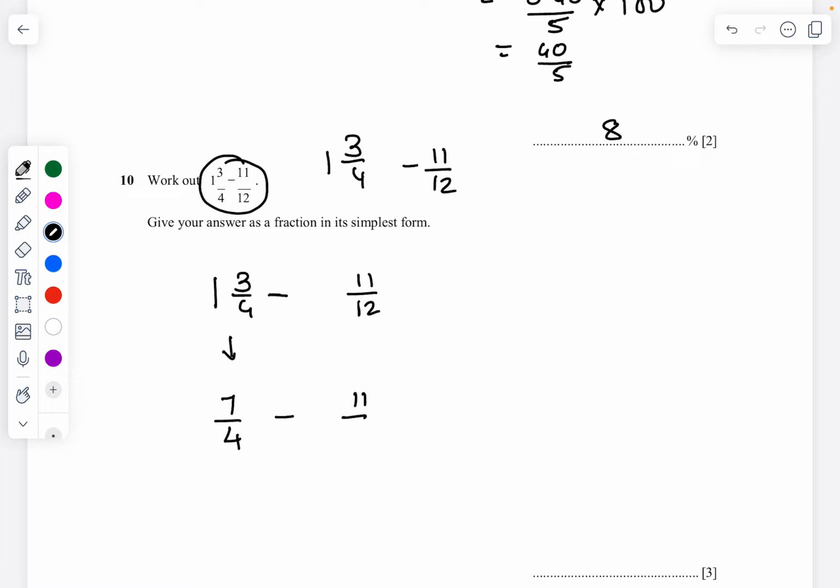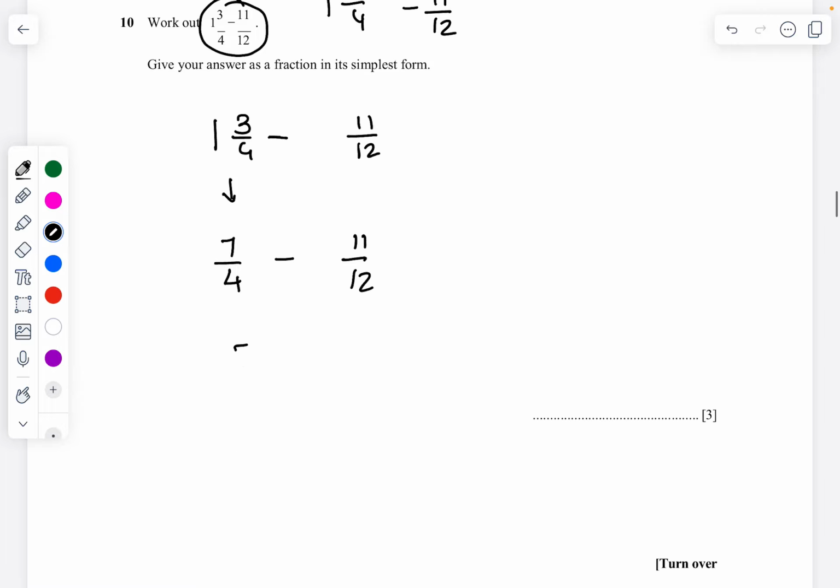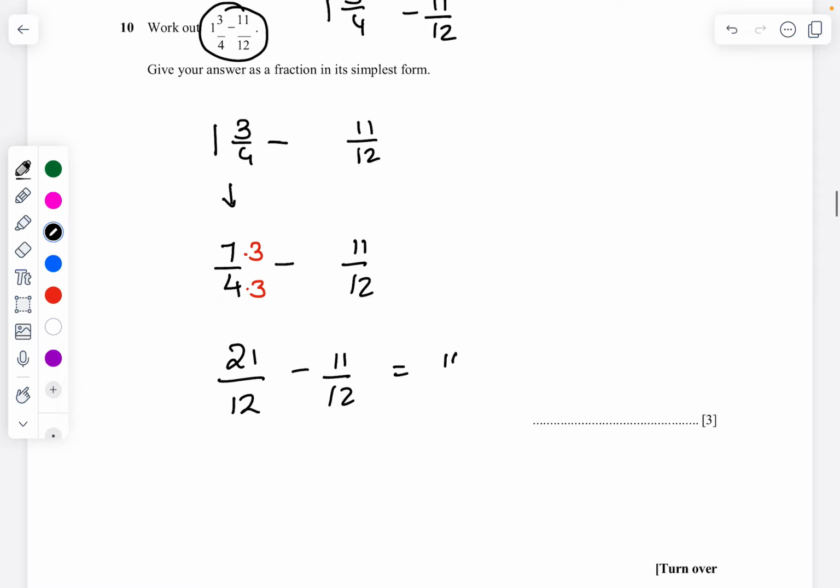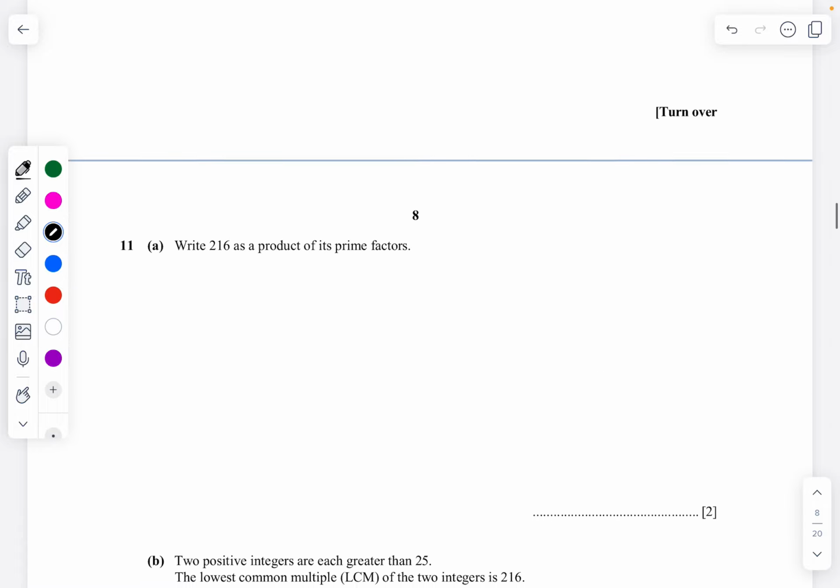So minus 11 upon 12. So what does that become? 7 upon 4 can be written as 21 upon 12. Why is that? Times 3 times 3. 21 upon 12 minus 11 upon 12, which is going to be nothing but how much? 10 upon 12, which is going to be 5 upon 6.